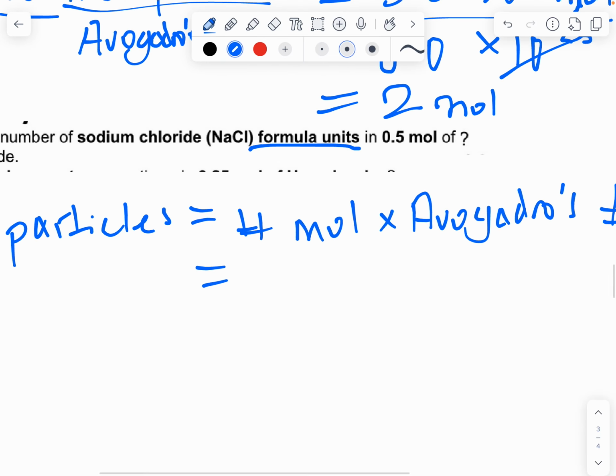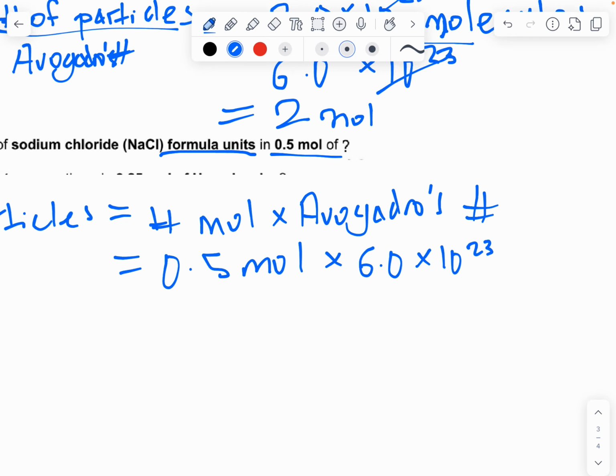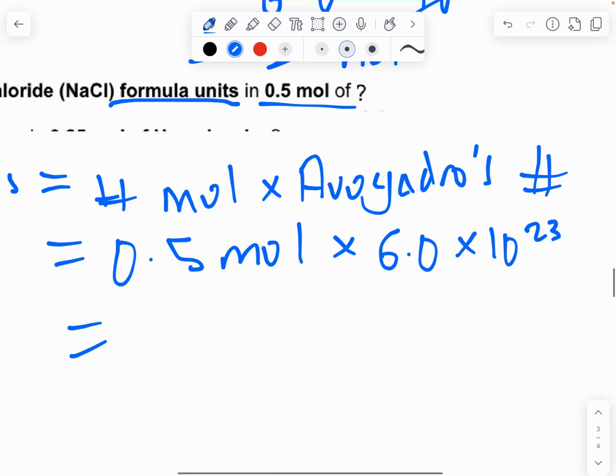The mole that we got was 0.5 mole, and Avogadro's number, you can see it, 6.0 times 10 to the 23rd power. And when we solve this, let me grab my calculator. It's going to be 0.5 times 6.0 times 10 to the 23rd.